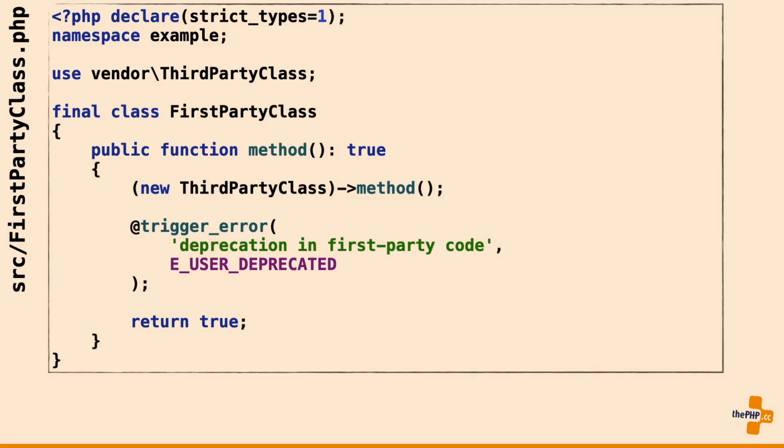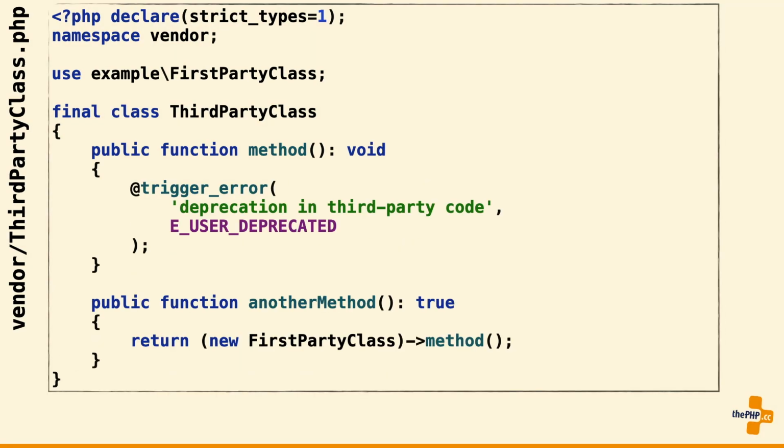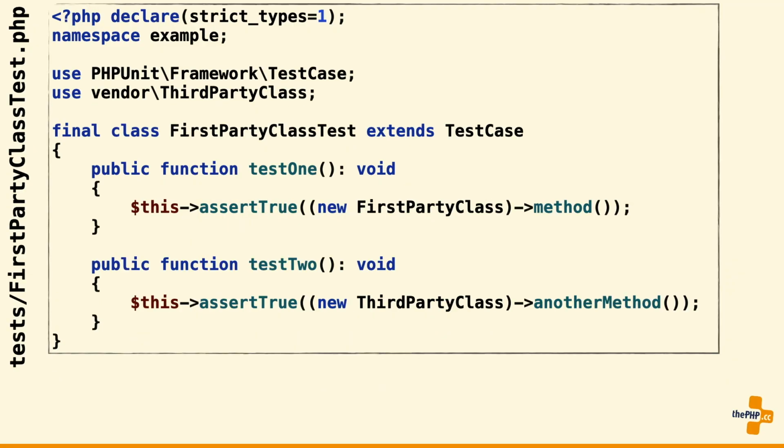So let's assume you have code like this. This is first-party code. This is code that you wrote, that you are responsible for. And it uses third-party code that is in your vendor directory, for instance. And then we have first-party code again, but this time it's your test for your code.